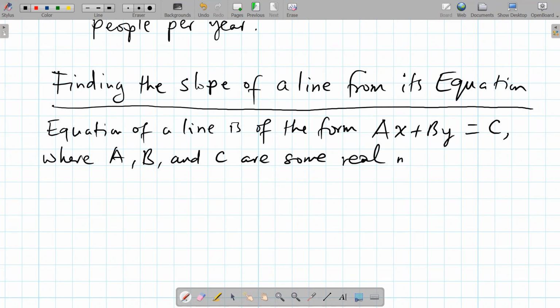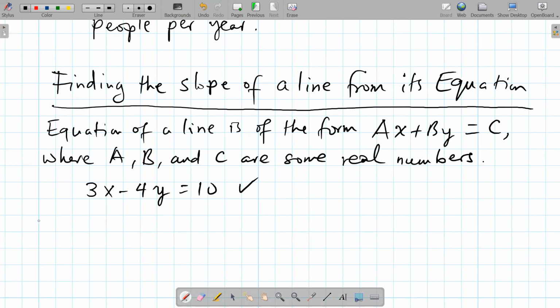For instance, if you have 3x minus 4y equal 10, that's a typical example.